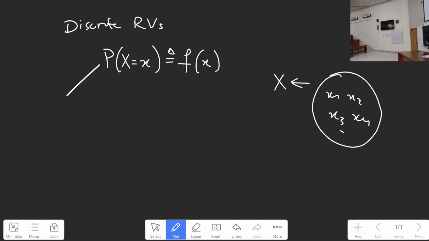So what would fx1 mean in this case? The probability that the random variable x takes the value x1. Then we said, often we are interested not just in one value, but in a range of values.